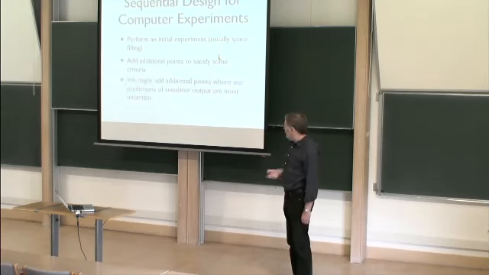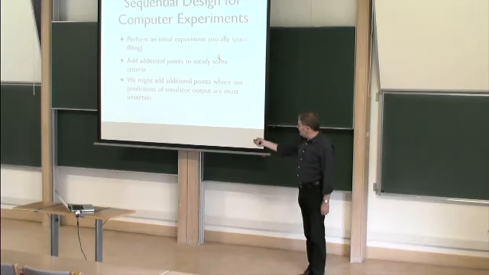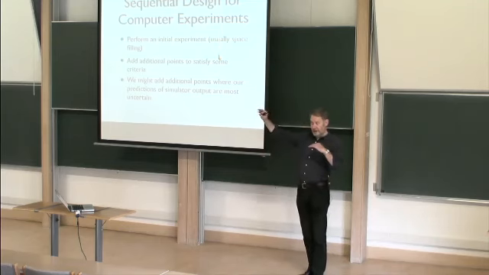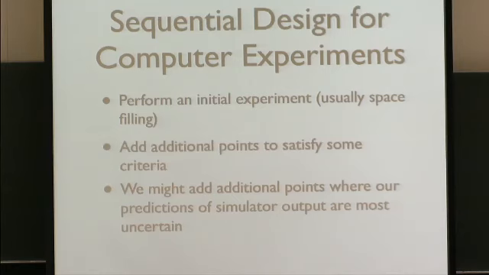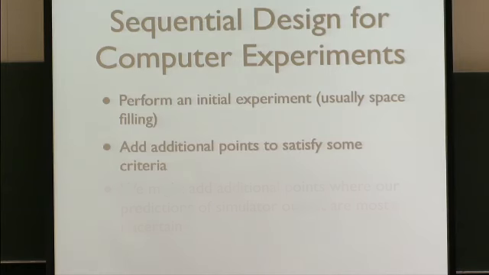So we might add points where predictions of the simulator output are most uncertain. We build an emulator, and where our emulator isn't very good, we'll run another value just to see if we can knock down the uncertainty there. We might also add some additional points for optimization.